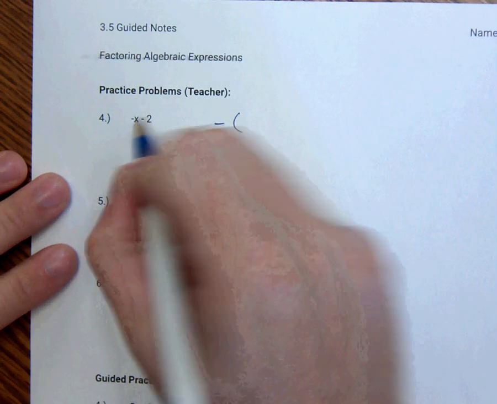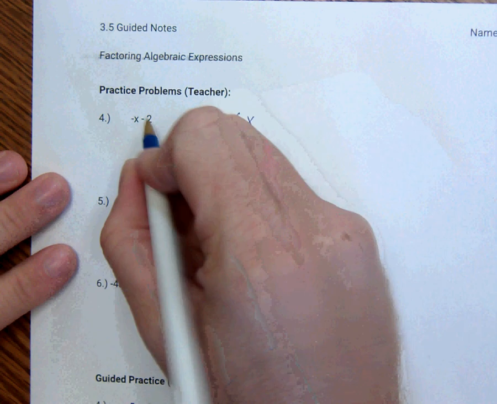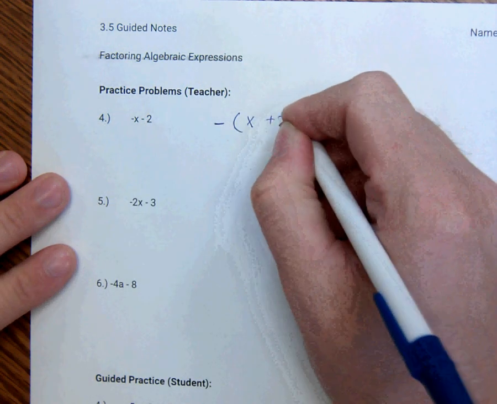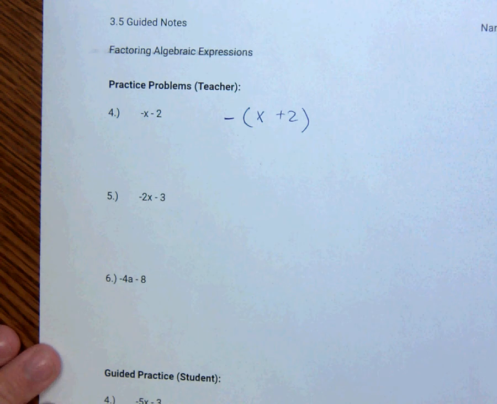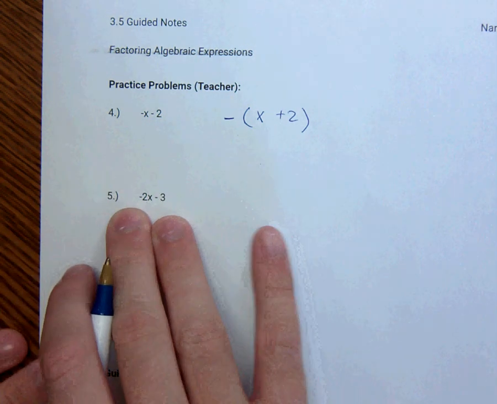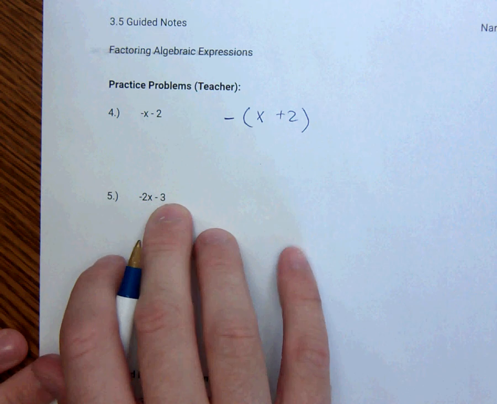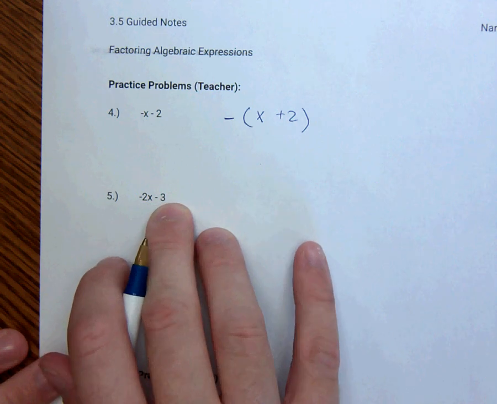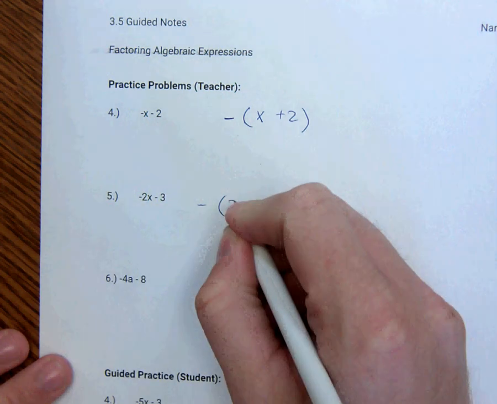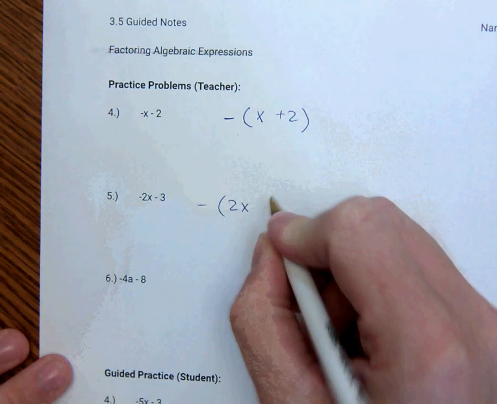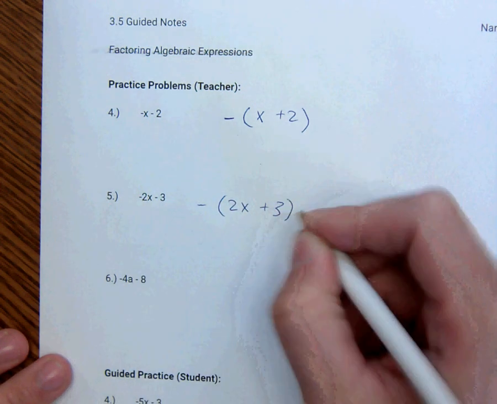So if I pull out a negative, the negative x becomes positive x, and negative 2 becomes positive 2. That's all you have to do. For this one, again, the GCF of 2 and 3, there's not one. It's just 1 again. So I can pull out a negative: 2x becomes positive 2x, negative 3 becomes positive 3. And that's it.